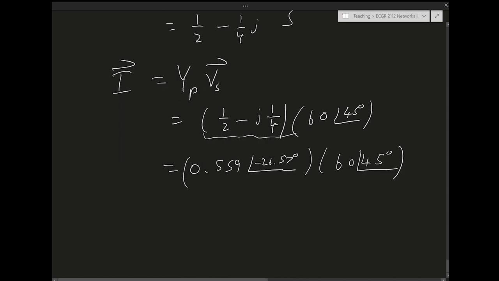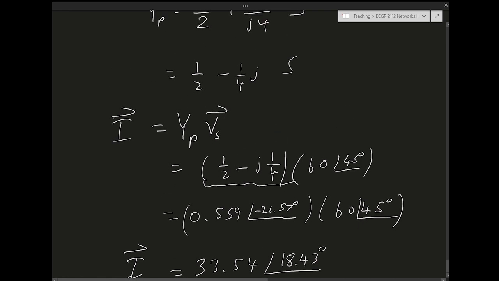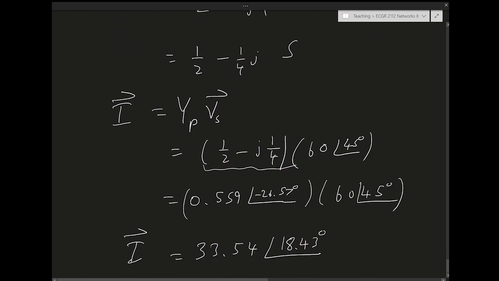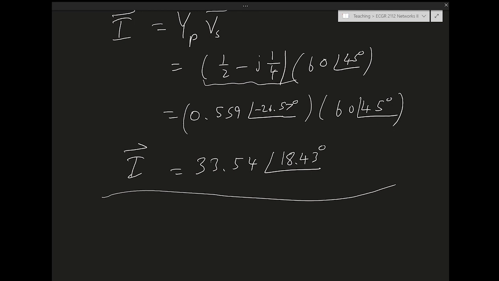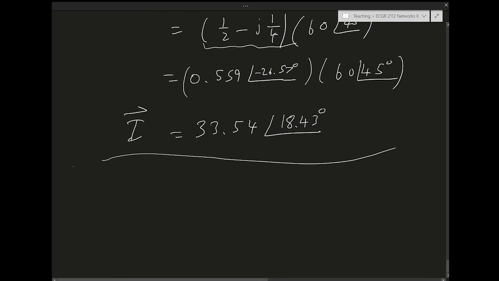Sum the angles, multiply the magnitudes, and I end up with I equals 33.54 as a phasor with an angle of 18.43 degrees. And so this is pretty straightforward. We're just reusing techniques that we already know from Circuits 1 to calculate equivalent impedances and admittances.